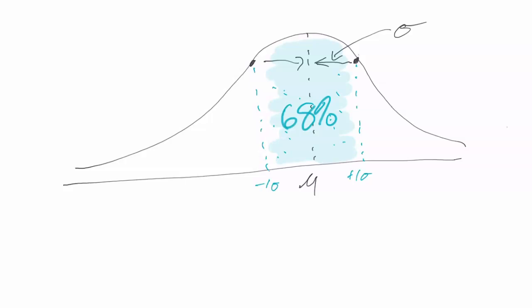Now I'm going to take that same standard deviation distance and extend it out. I'll go out to plus 2 standard deviations, and I'll do the same thing on the other side.